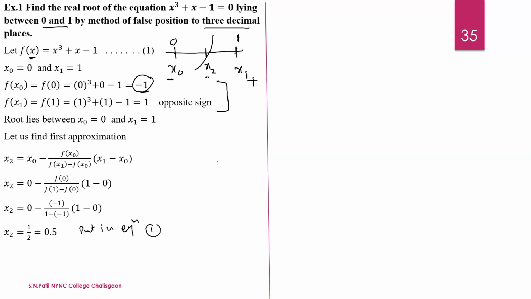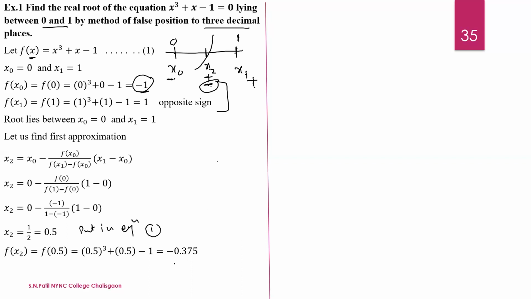If this value is positive, then the root lies between x0 and x2. If this value is negative, then the root lies between x2 and x1. Let us see. When we put 0.5 cube plus 0.5 minus 1, it is equal to minus. So we get a negative value. It means the root lies between x2 and x1.